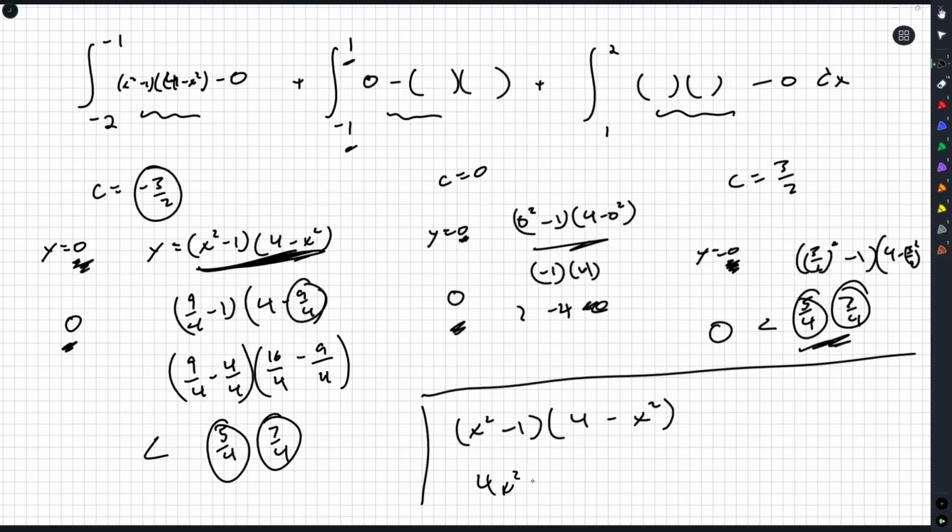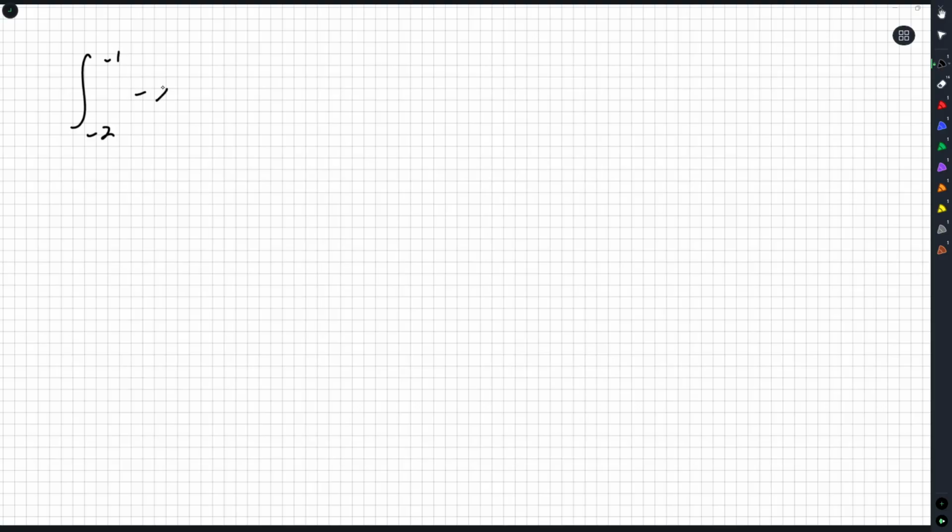So we'll have 4x squared minus 4, and then minus x to the 4, plus x squared. So we'll have, let's see, minus x to the 4 plus 5x squared minus 4. Okay? So that's what we're going to do. So we do that minus 0, which is irrelevant, from -2 to -1. So minus x to the 4 plus 5x squared minus 4.